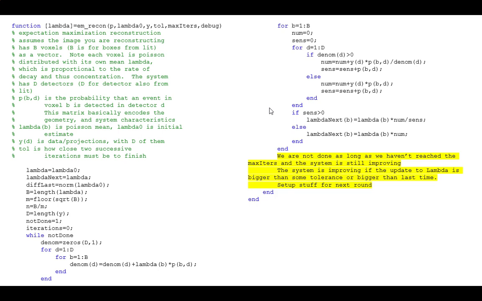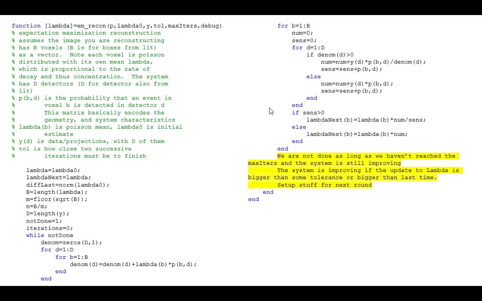And notice I built my lambda here, I'm doing lambda next. That way I can compare the difference between those, and you'll have to appropriately copy over afterwards. But you also have the difference from last time. So I have my diff last and I subtracted them.